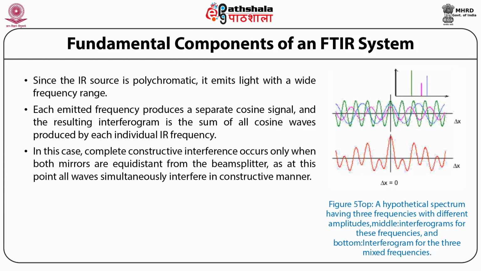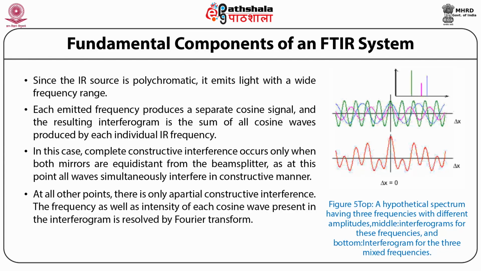In this case, complete constructive interference occurs only when both mirrors are equidistant from the beam splitter, as at this point all waves simultaneously interfere in a constructive manner. At all other points, there is only partial constructive interference.